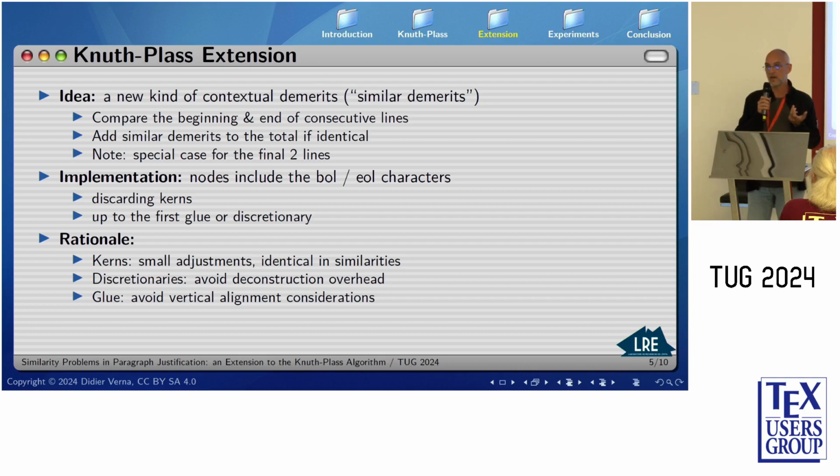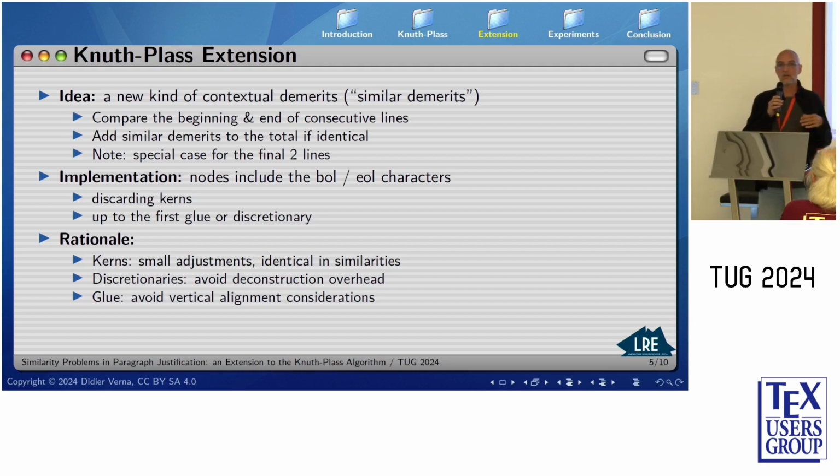So you don't need to remember that. Discarding glues avoids having to check for the vertical alignment, because the glues are elastic, so it could mess up the vertical alignment. But as long as you only compare stuff without elasticity, you don't even need to compare the vertical position or the position in the x-axis of the stuff that you're comparing.